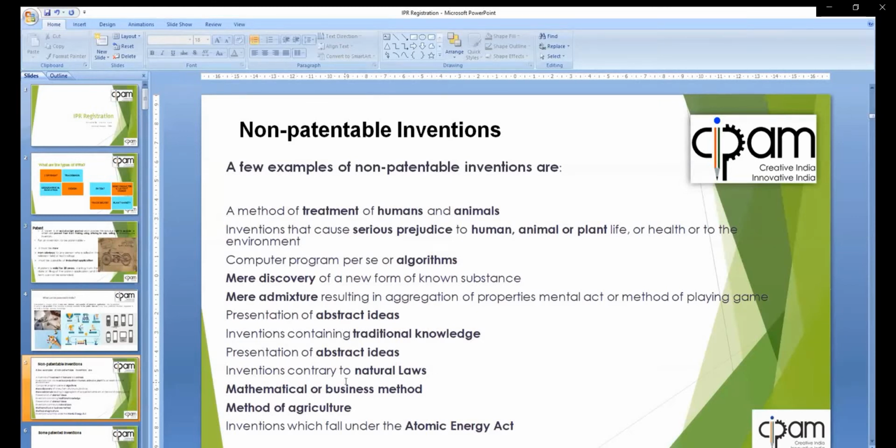Madam, your screen is not in full screen mode. Your slides are not in full screen. Is it visible? Is it okay now? It is visible but not in full screen mode. Sir, I have done it full screen. Can you check it now once? It is visible, not in full screen mode. It's all right, madam, it is visible to us. Is it in full screen mode now? No, not full screen, but you can see your writings in the slides.